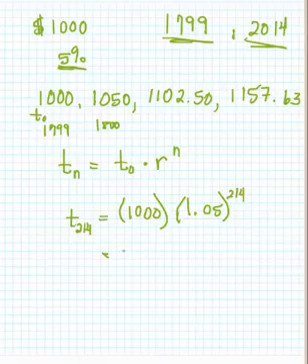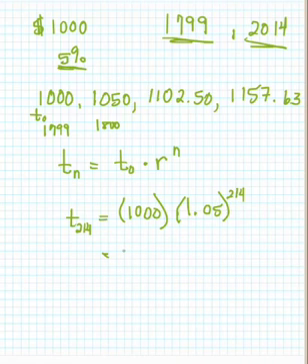Let's see how much money we'll have after 214 years. A lot. 1,000 times 1.05 raised to the 214. Oh! So we've got how much money sitting in that bank account where there was $1,000 initially invested.